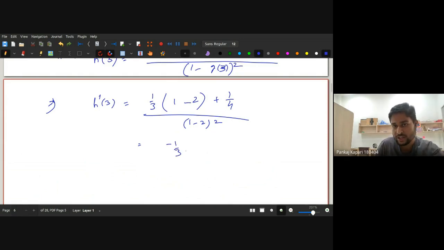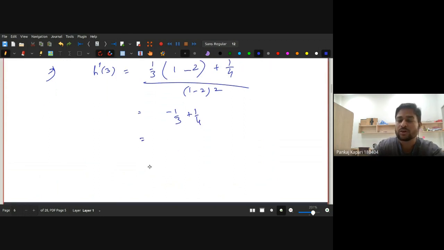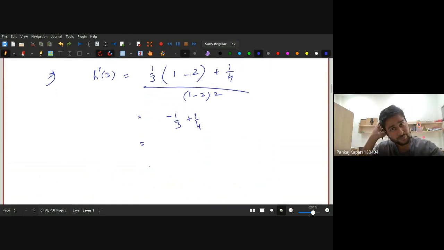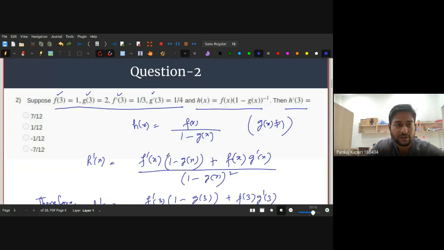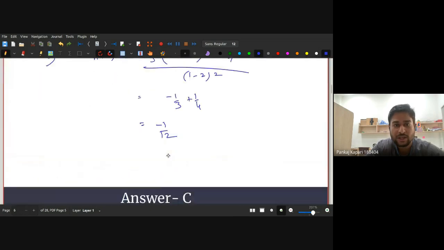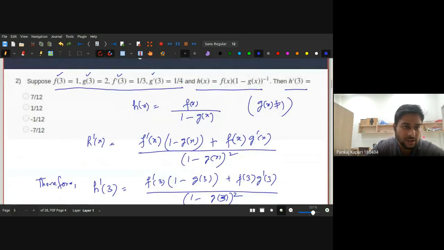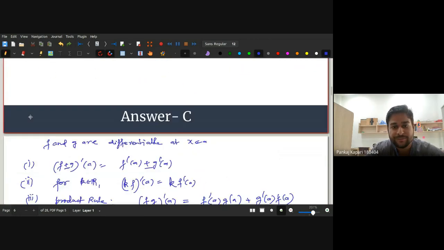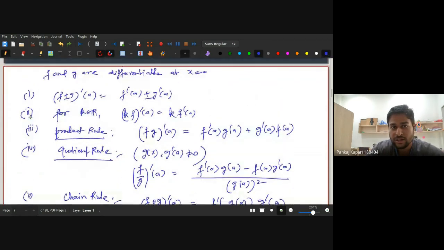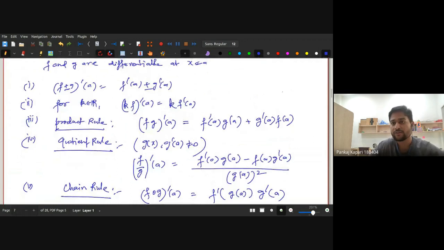So this is just minus 1 by 3 plus 3 by 4, which is equal to minus 1 over 12. So here the third option is correct. Minus 1 over 12 is the answer. So these are the algebra of derivatives, or some rules.